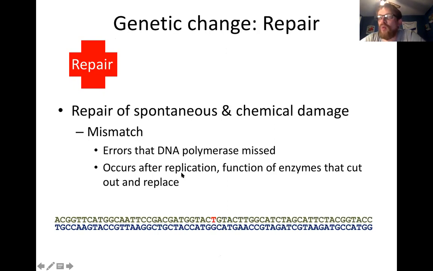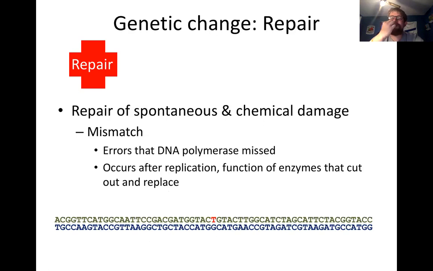Now, what is maybe a little bit of a dilemma with this situation that you can think of, right? What's the dilemma here? So we have a T bound to a G, so we know that's wrong. So we want to fix that. Is it that the cell doesn't know which one is the right one?